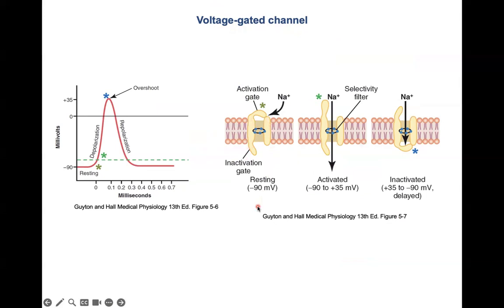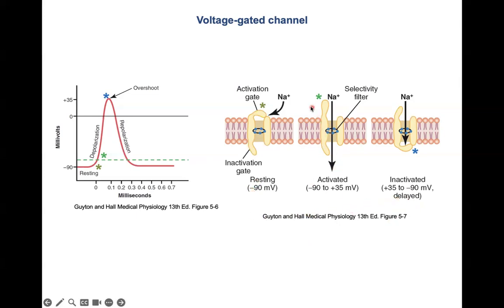Now, in principle, we could say one thing they have in common, the different types of voltage-gated ion channels. They may be either closed or open. Only they are either closed or open at different ranges of membrane potentials.